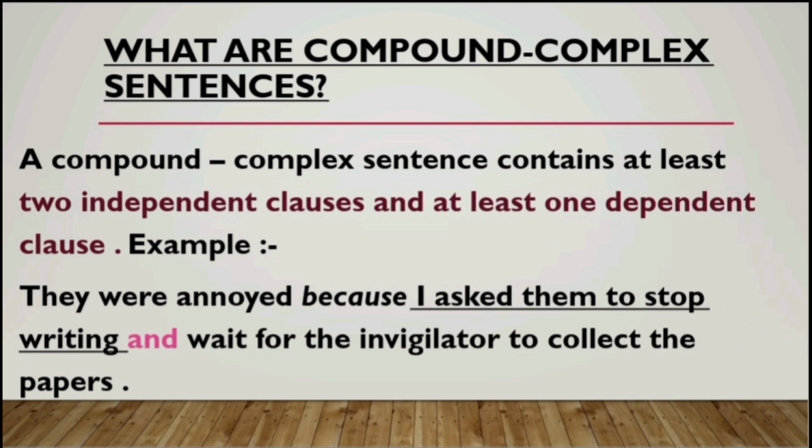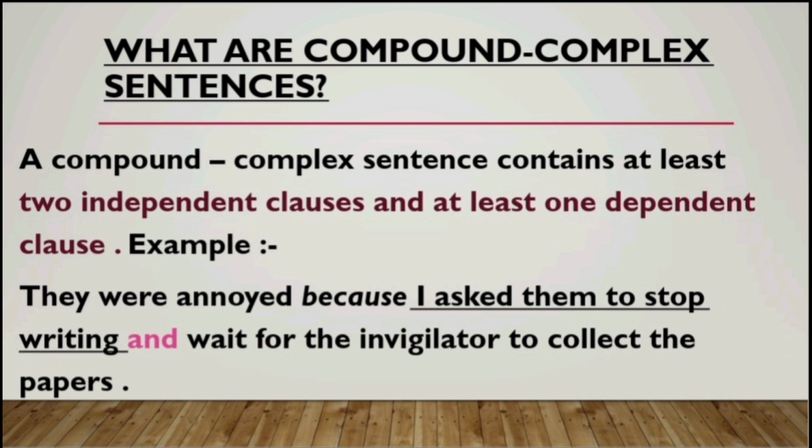Have a look at this example here. They were annoyed because I asked them to stop writing and wait for the invigilator to collect the papers. They were annoyed is an independent clause, because it does not depend on any other clause to complete its meaning. Because is a subordinating conjunction. I asked them to stop writing, right?